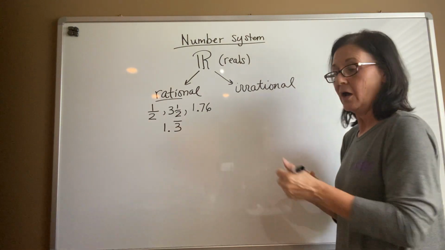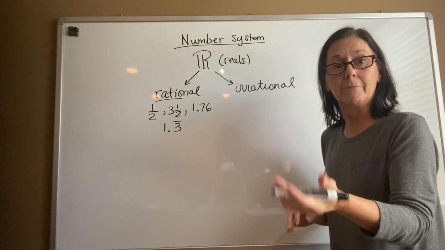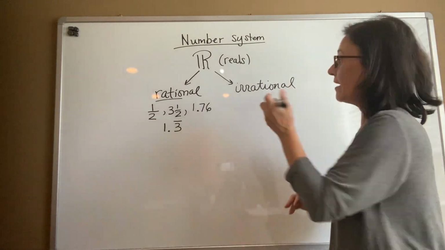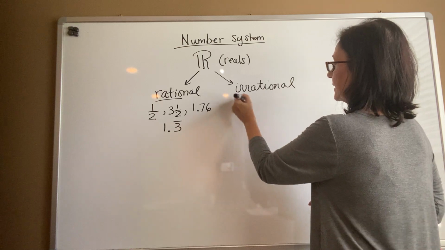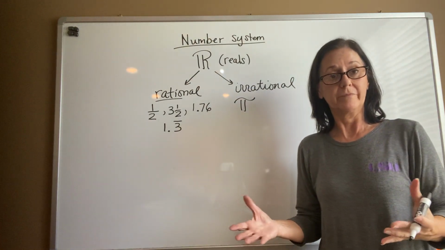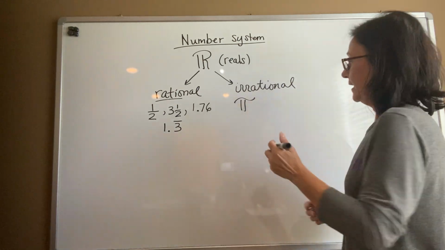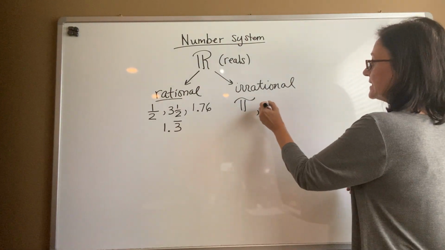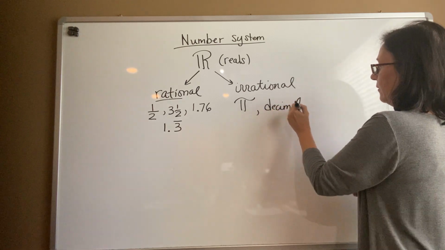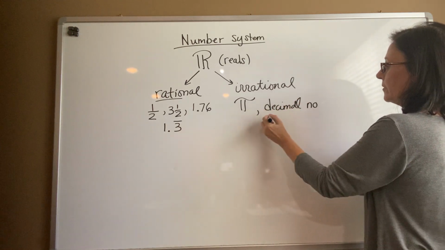Irrational numbers are numbers like what we dealt with in solving for the circumference. Pi is irrational because pi has an infinite number of decimal places. So it's any decimal that has no repeat.